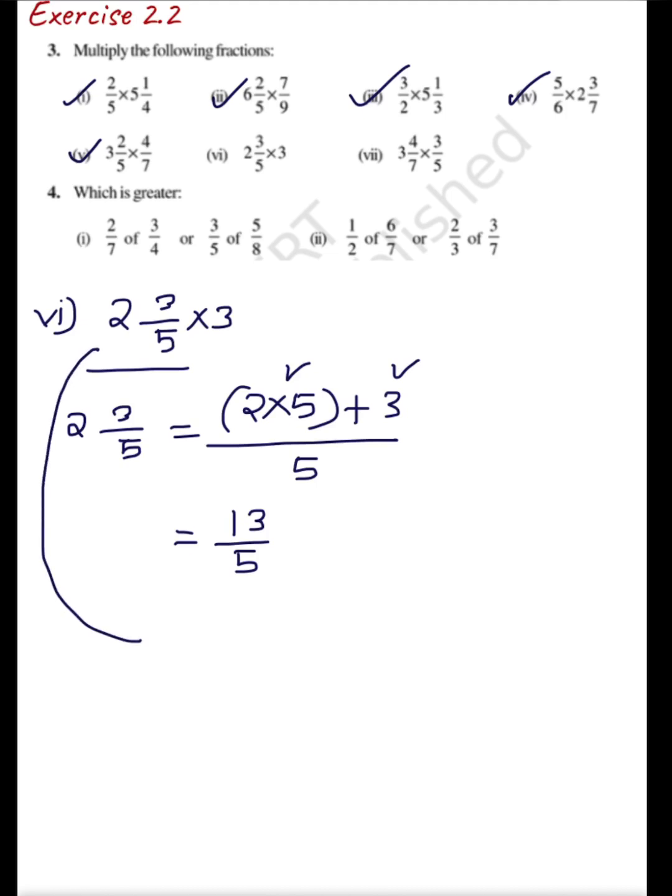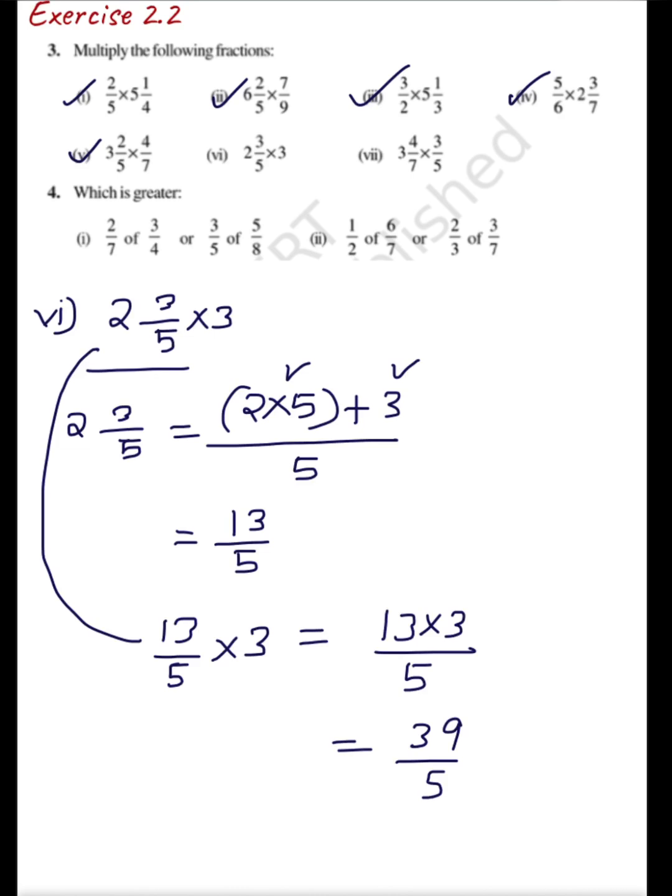Now this question 2 3 by 5 into 3 will turn into 13 by 5 into 3. Here you just multiply the numerators, that is 13 into 3, divided by denominator 5. What is 13 into 3? 13 into 3 is 39. So you will get the answer as 39 by 5.